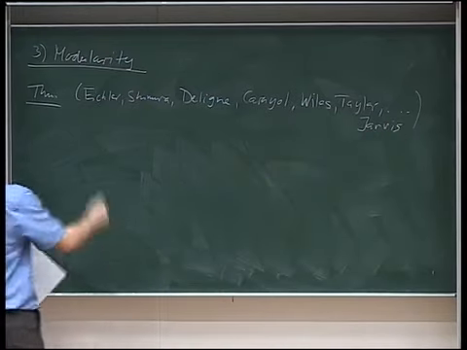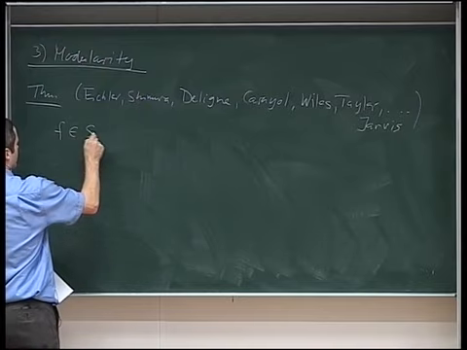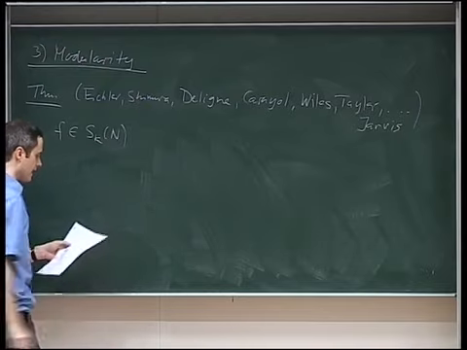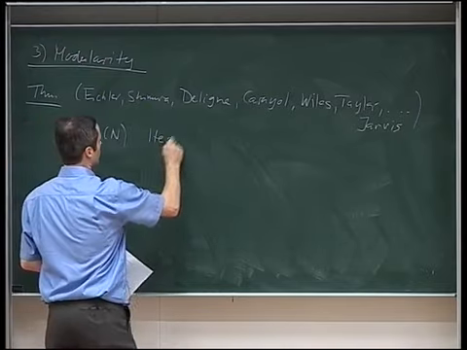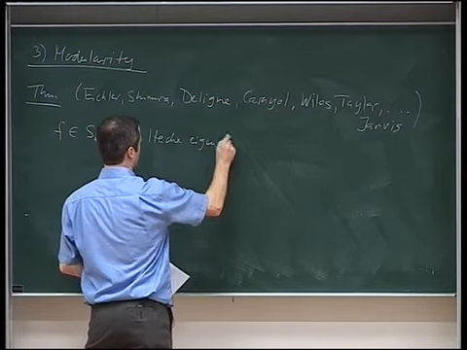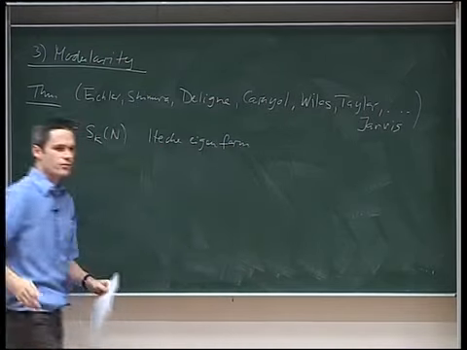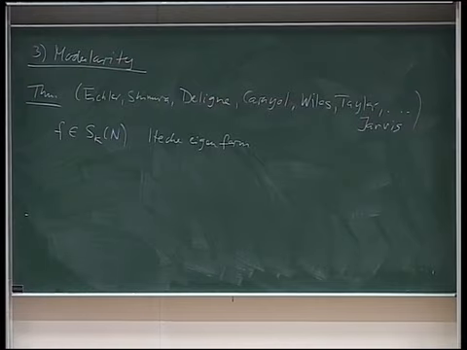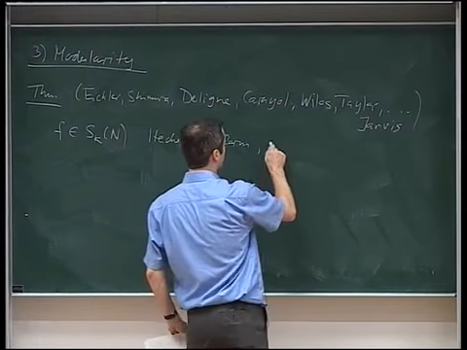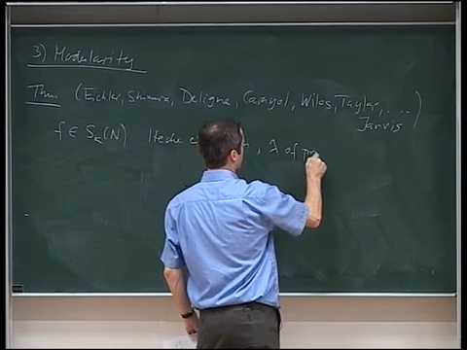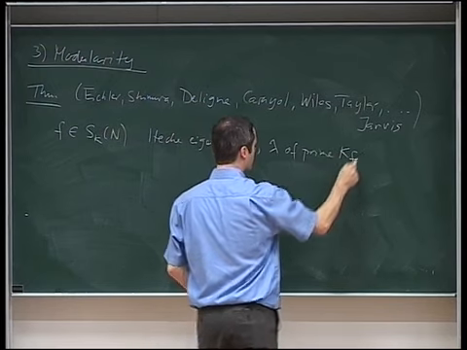Okay, so what does this theorem tell me? That if I have a Hecke eigenform, I can associate to it a Galois representation. And I can associate one for every prime of my coefficient field.